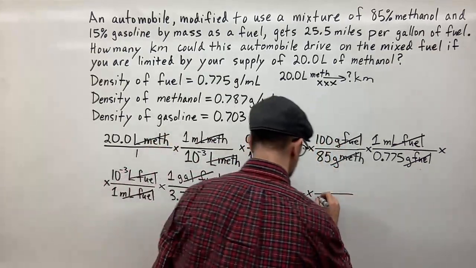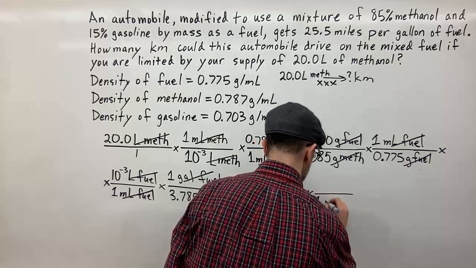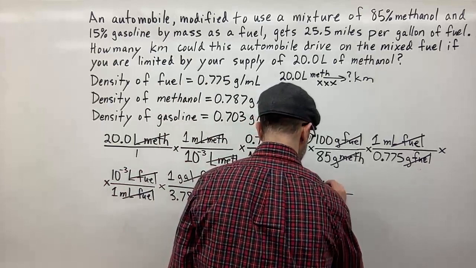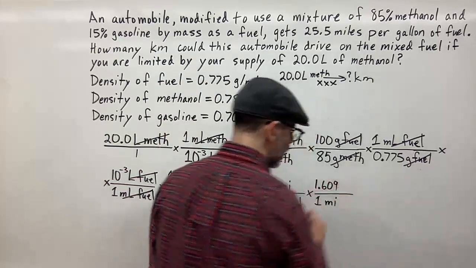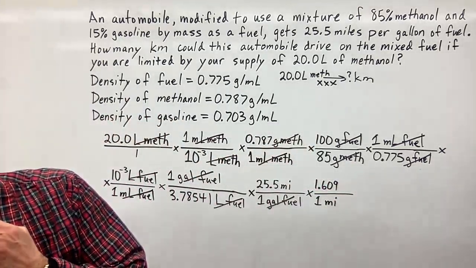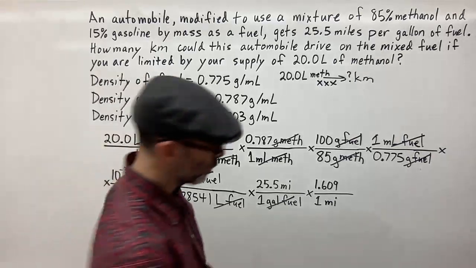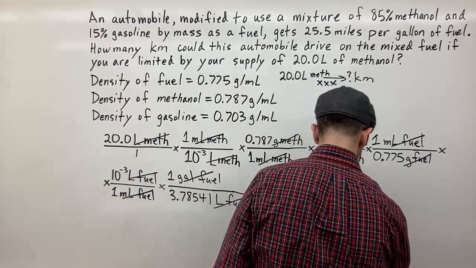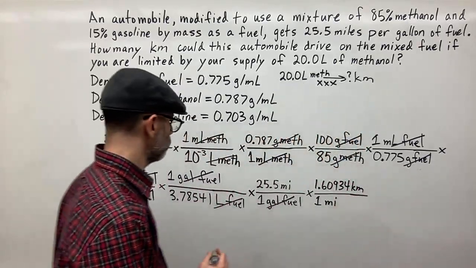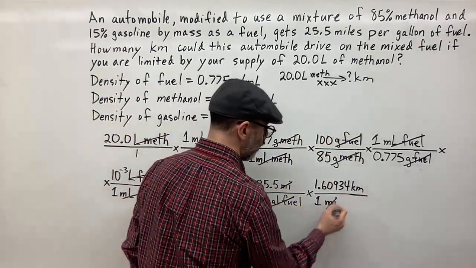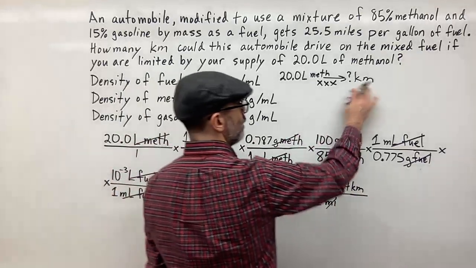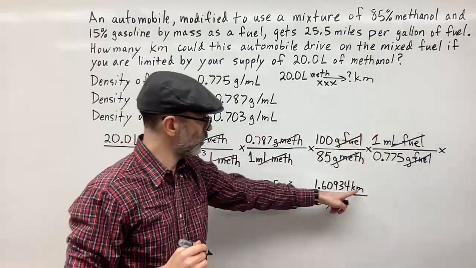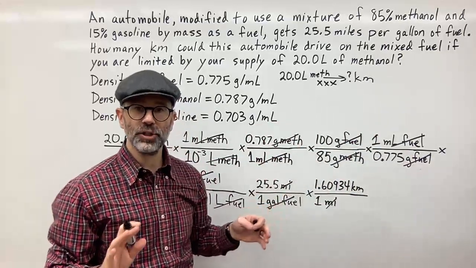So 1 mile is on the bottom, and on the top, I have 1.609 kilometers. Miles cancel out. Now we have kilometers. Guess what? They are asking for kilometers. That's my goal. I'm done. As soon as you get the unit you want on top, you're done with conversion factors.